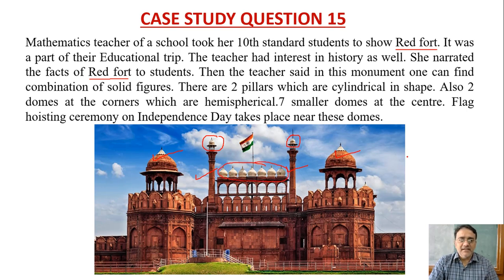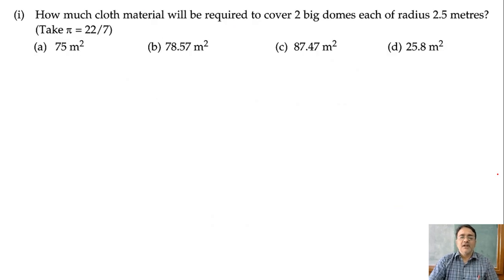Flag hoisting ceremony on Independence Day takes place near these domes. Now, based on this, some questions will be there, and we have to solve them. The first question: how much cloth material will be required to cover two big domes, each of radius 2.5 meters? We have to use pi equals 22/7.